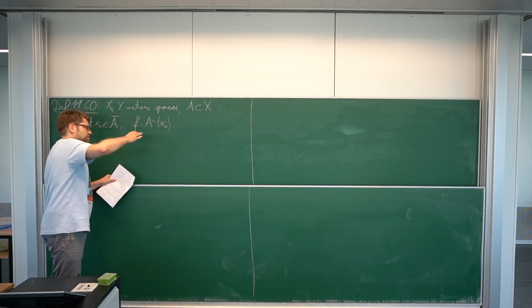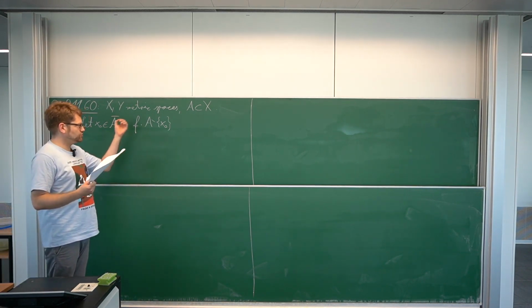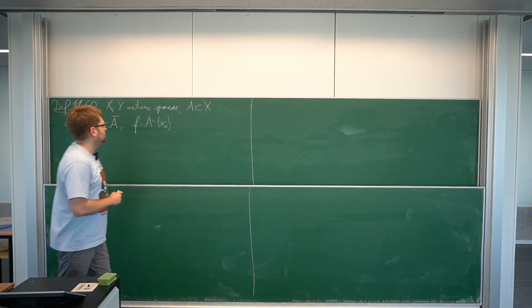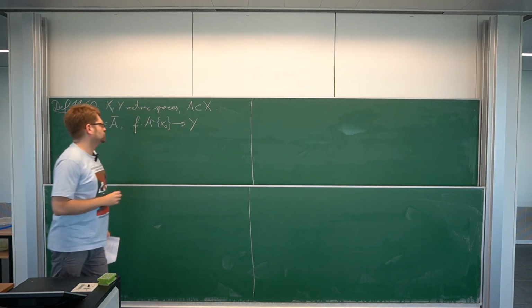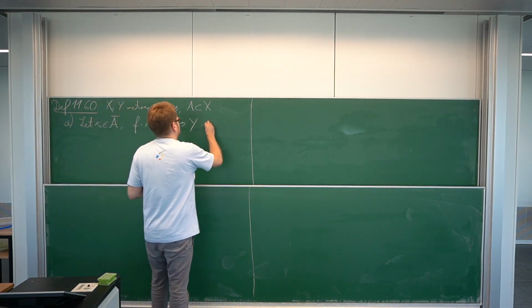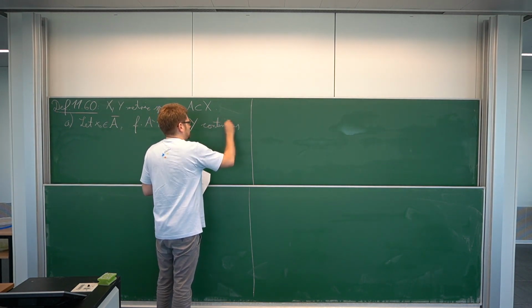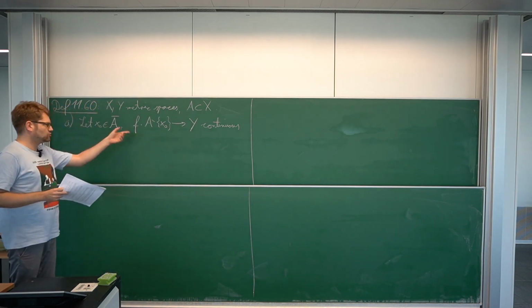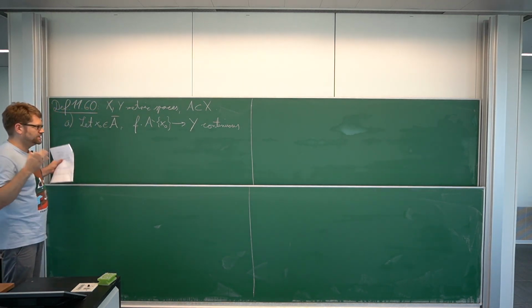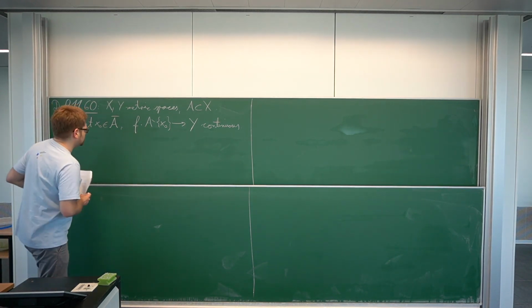Whenever I take a continuous function on a subset of a metric space, I consider it with the metric given by restriction of the big metric on X. So we have a continuous map f from A without x0 to Y. It's not defined in x0, but x0 is in the closure, so it's somehow glued to A. This is basically what generalizes the notion of an adherent point from the previous semester.